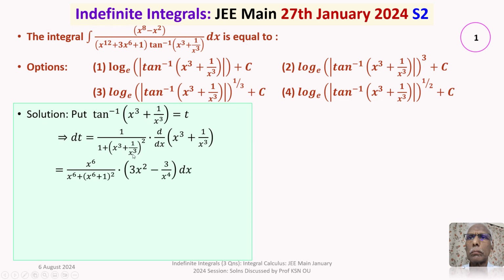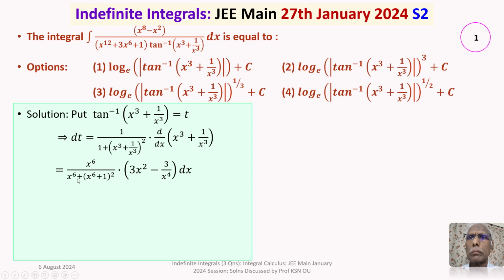The denominator will be x power 6 in the LCM, x power 6 plus (x power 6 plus 1) whole square in the denominator, and that x power 6 will come to the numerator, into the derivative of x cube, which is 3x square, plus the derivative of 1 by x cube, which is minus 3 by x to the power of 4, with respect to x.